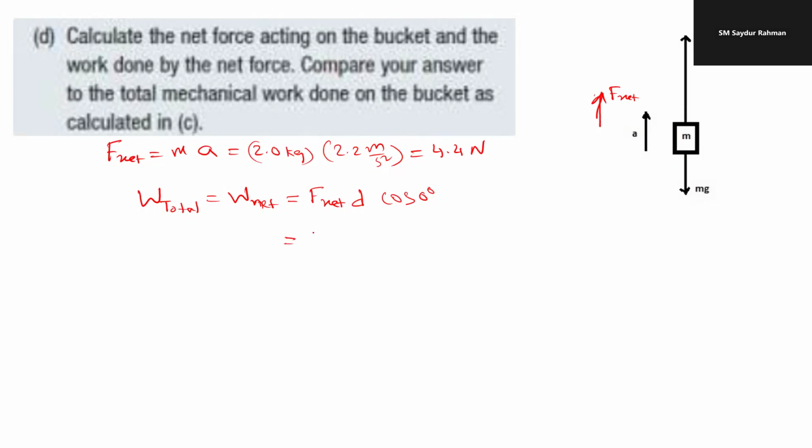So F net is 4.4 Newton, D is 9.9 meter, and cosine 0 is equal to 1. Let's check it out. Multiplying 44 with 9.9 gives 435.6 joules. Sorry, it's my bad.